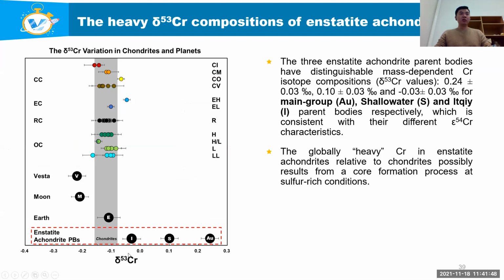This figure shows the chromium stable isotopes, and all the three enstatite chondrite parent bodies possess isotopically heavier chromium than the chondrites. And this maybe suggests a sulfur-rich composition for their parent bodies.